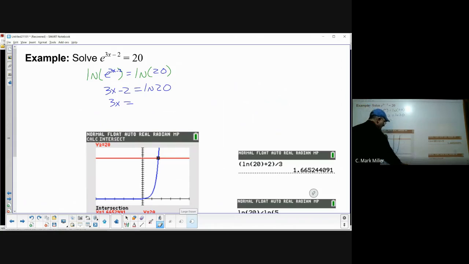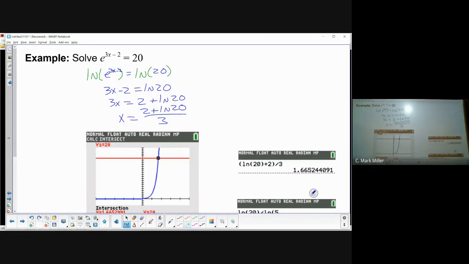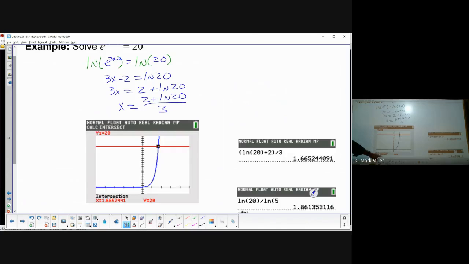I'm going to do something here. I'm going to put the 2 first, just so there's no confusion that the 20 isn't added to 2. So x is 2 plus natural log of 20 over 3. And that comes out to around 1.67, right? Because if you solve it the way we've been doing on the graphing calculator, this is y equals e to the 3x minus 2, that exponential curve.